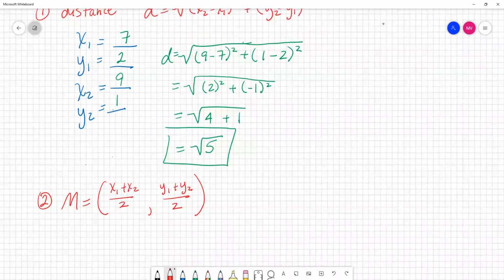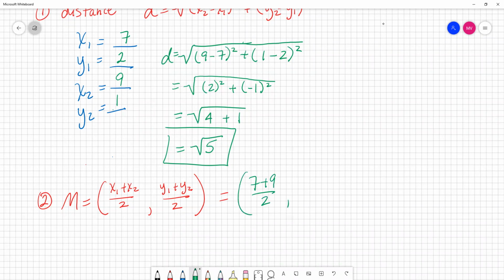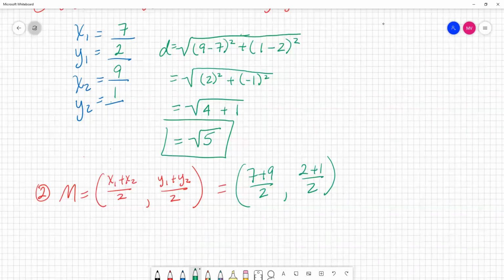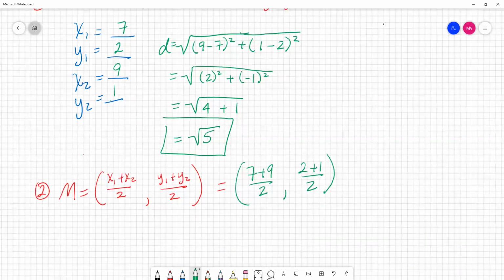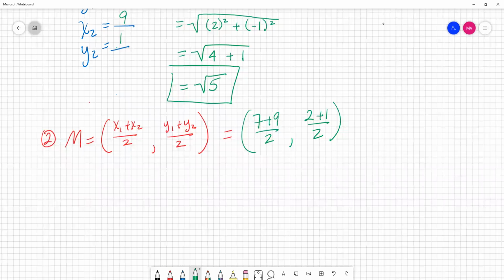So X1 is 7. So what is this? 7 plus 9 divided by 2, and 2 plus 1 divided by 2. So 7 plus 9 is 16 divided by 2, and 3 divided by 2.